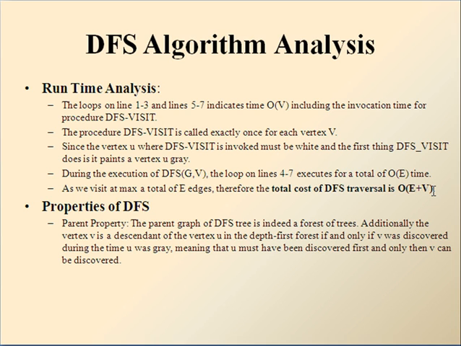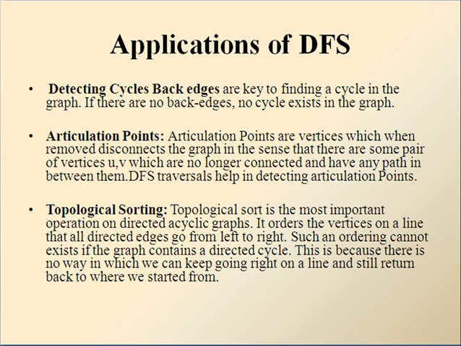Additionally, vertex V is a descendant of vertex U in the DFS forest if and only if V is discovered before the time U was grey, meaning U has been discovered first and then V can be discovered. If you are calling U a parent of V, then first you have to discover U and after that you discover V. So that is the parent property.